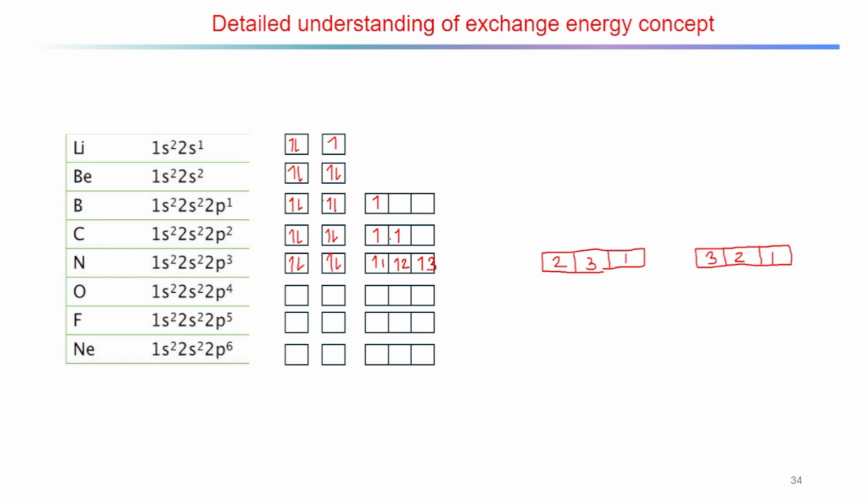Similarly, in case of nitrogen, all the 3 electrons can change their position. Now this gives higher exchange energy. That is called exchange energy. That electron can go from here to here, and this electron can go from here to here. So this is more in case of half filled configuration.